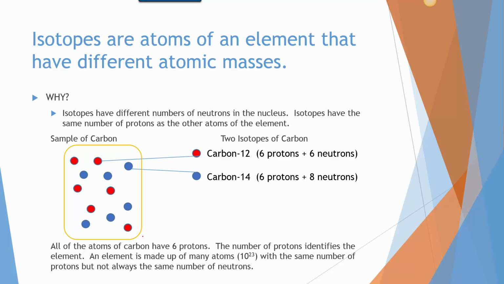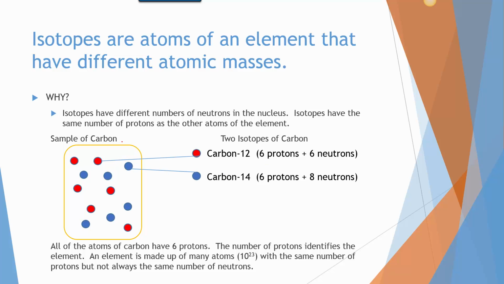Okay, so remember that we've talked about how an element is made up of a lot of atoms. And all of those atoms that make up an element all have one thing in common. They all have the same number of protons because the number of protons identifies the atom. With isotopes, we can have different numbers of neutrons, but they still have the same number of protons.